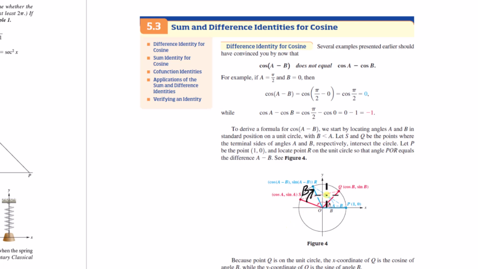The point where the terminal side intersects the unit circle for angle A is point S. For angle B, that's point Q. For A minus B, that's point R. And the initial side at the standard position intersects at point P, which is at (1, 0), because it's the unit circle.